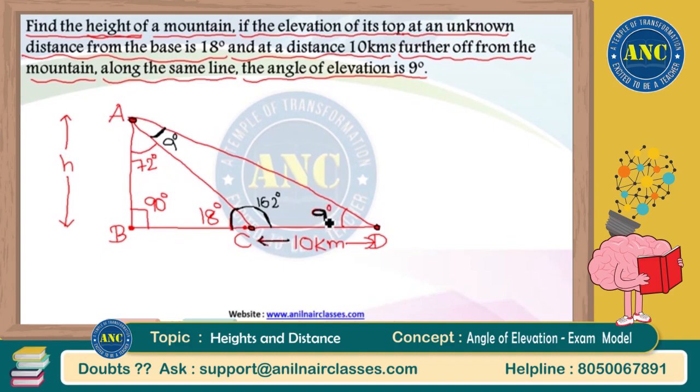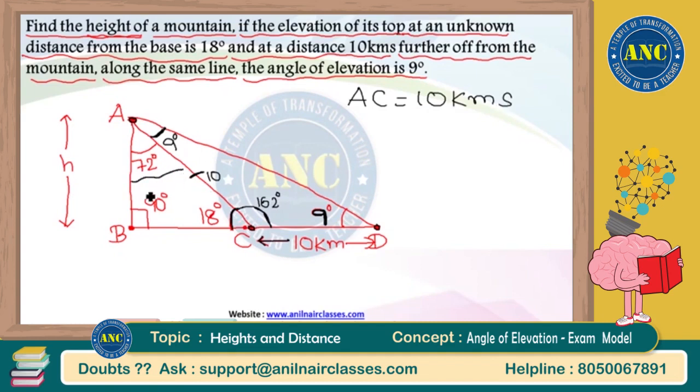Opposite to this 9 degrees also, the side should be 10 kilometers. That means AC is 10 kilometers. I hope you are able to understand this logic. Now we got the value of AC as 10 kilometers, because it's an isosceles triangle.